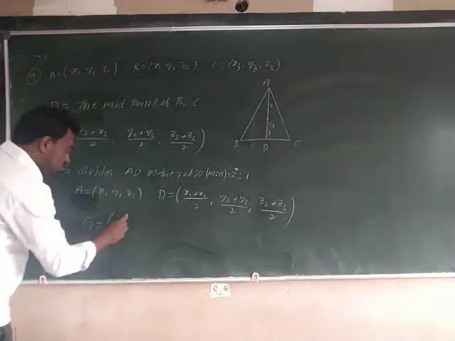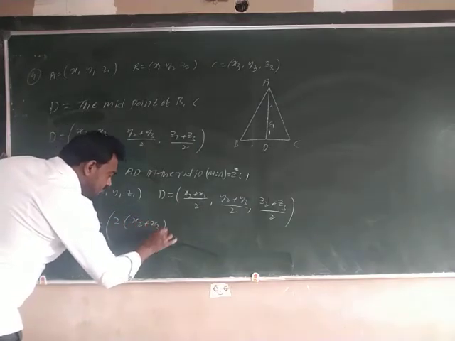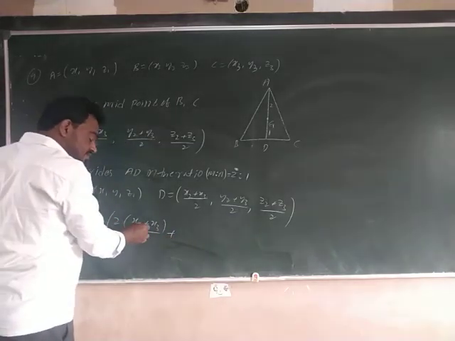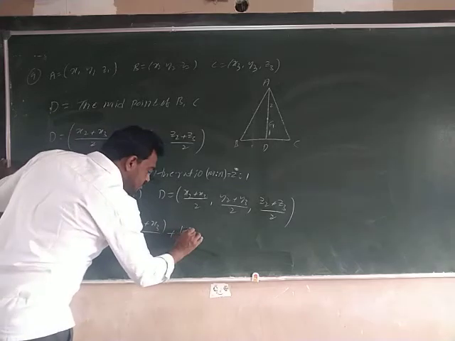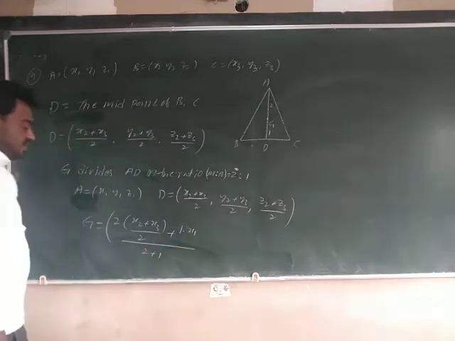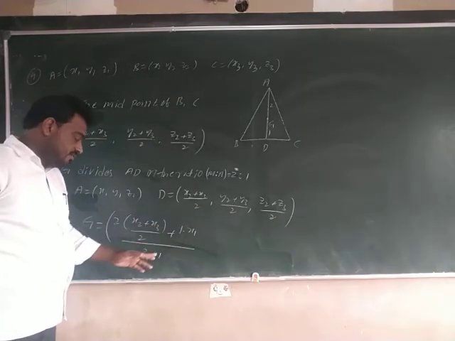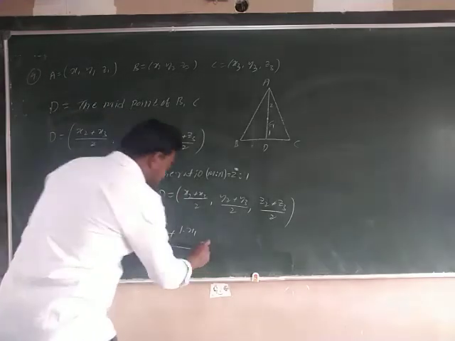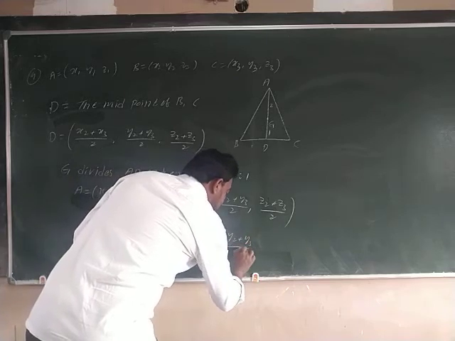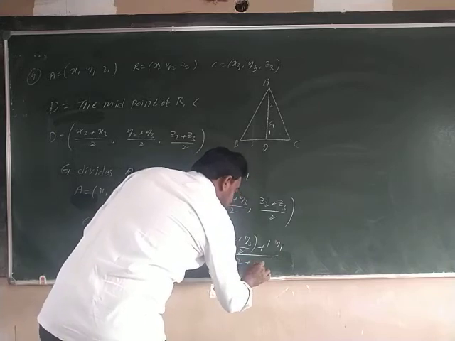So 2 into (x2 plus x3) by 2, plus 1 into x1, by 2 plus 1. Understood? (m x2 plus n x1) by (m plus n). Similarly for the rest: 2 into (y2 plus y3) by 2 plus 1 into y1, by 2 plus 1.